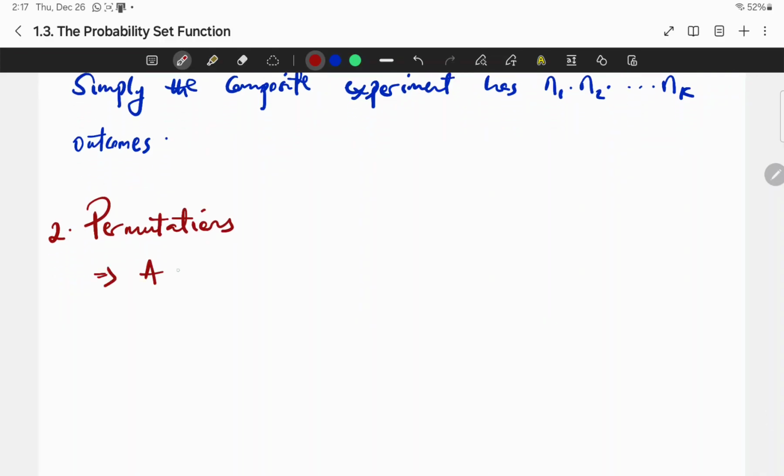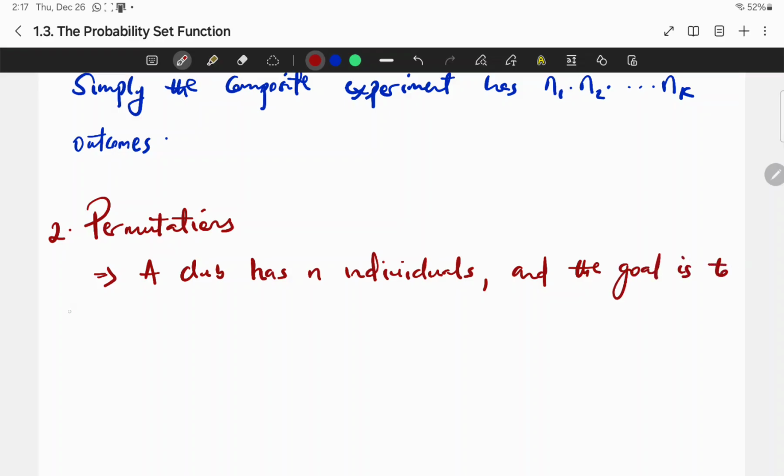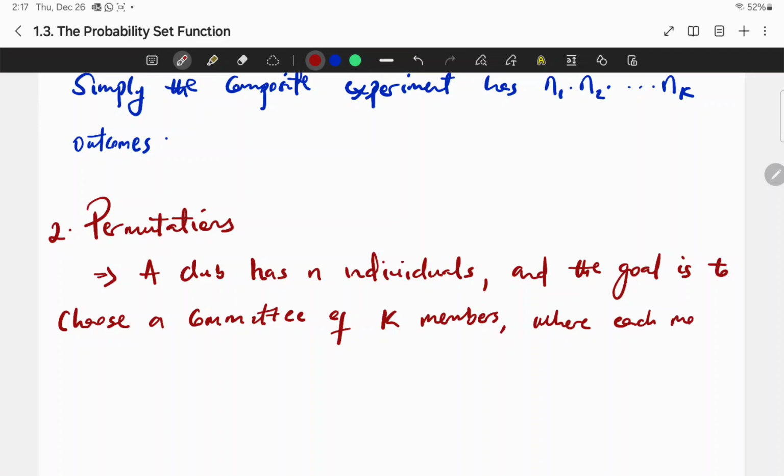A club has n individuals, and the goal is to choose a committee of k members where each member has a different title.